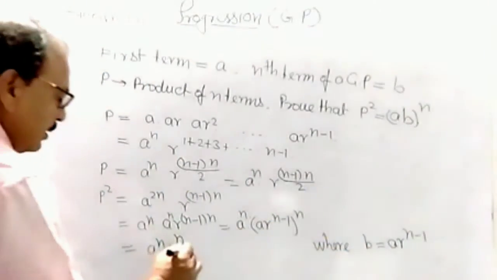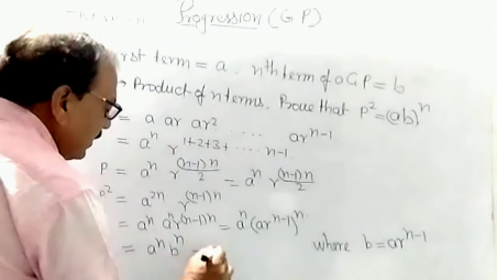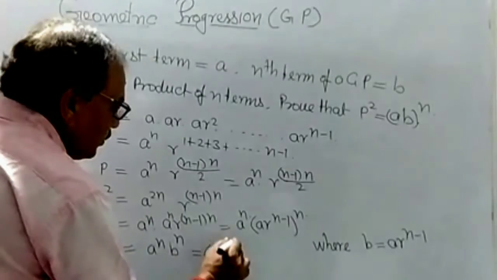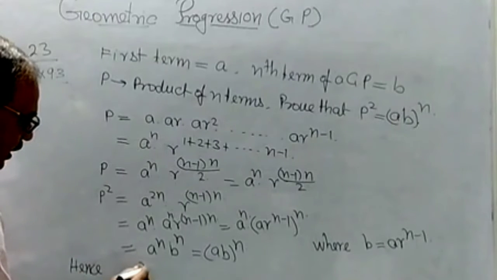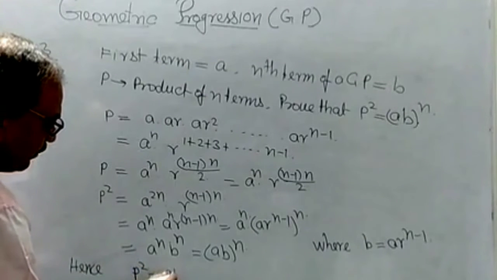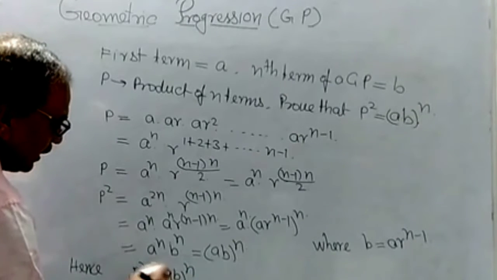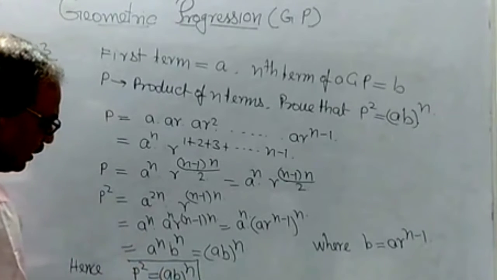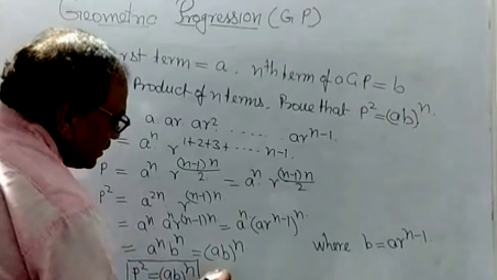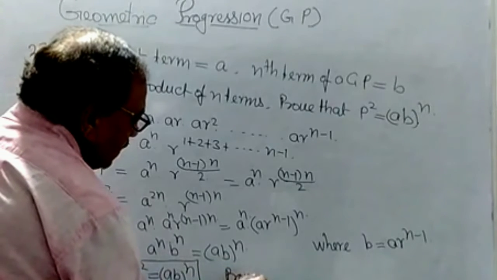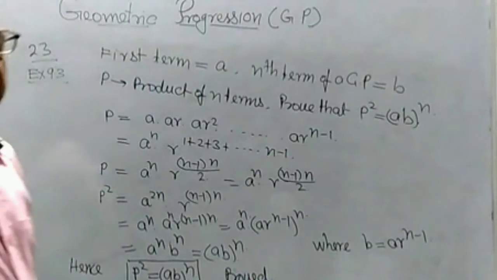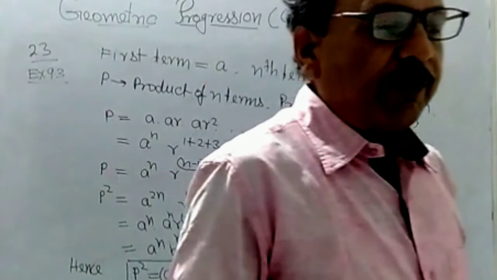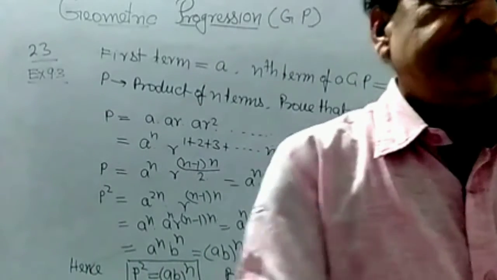So we can write (AB) to the power n. Hence P square equals (AB) to the power n. This is proved. So this proves the theorem.